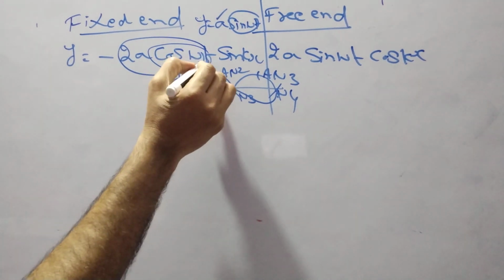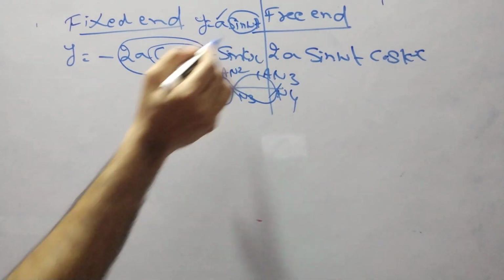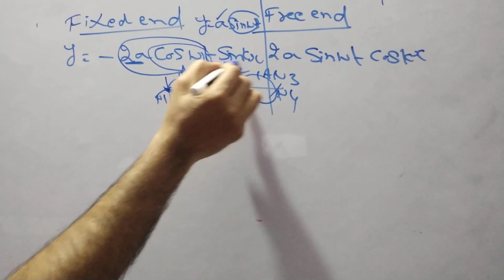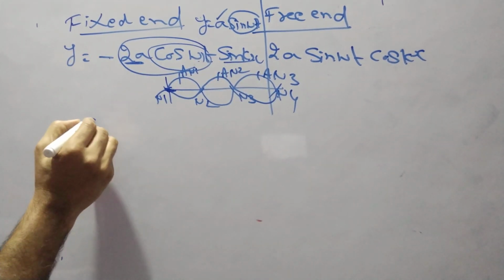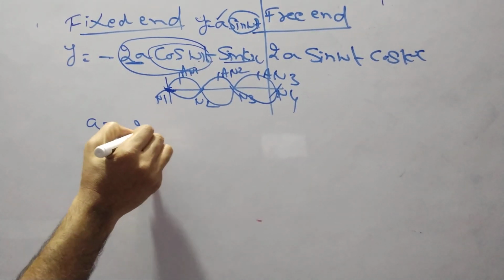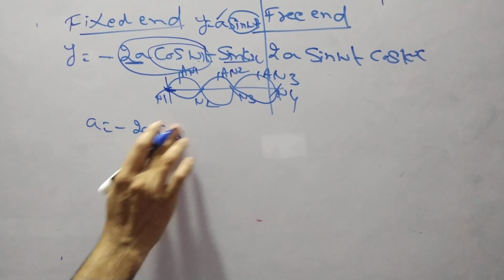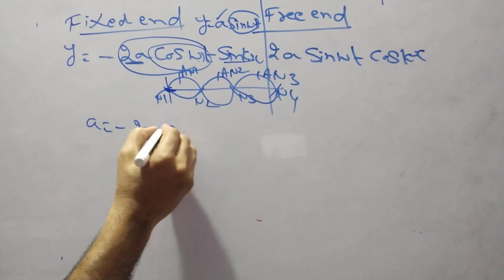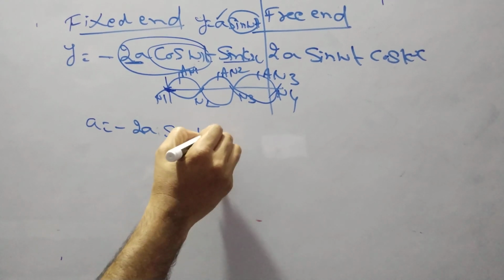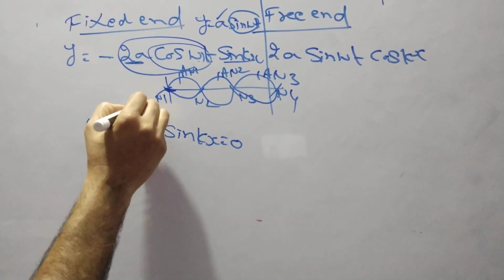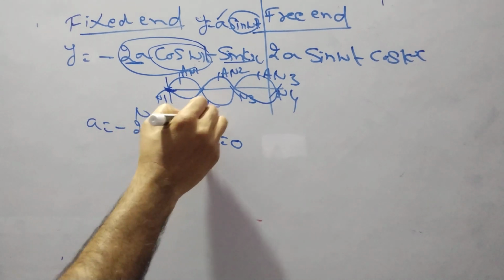Here sin omega t is there. Now what is the coefficient of omega t here? Minus 2a sin kx, that is the amplitude. So what is this value? It is 0 for nodes, because there is no amplitude at nodes.